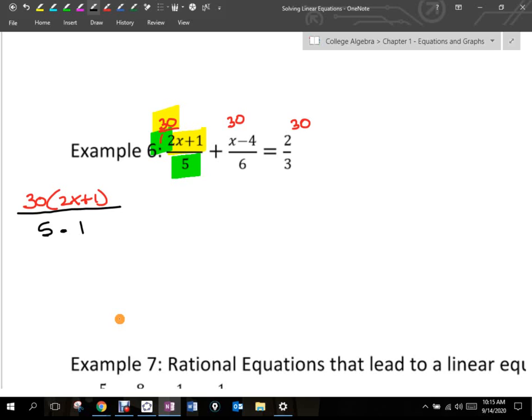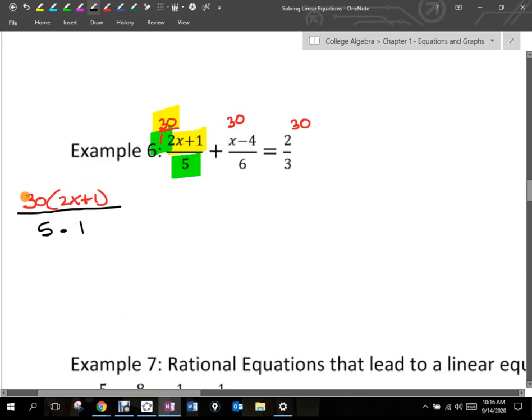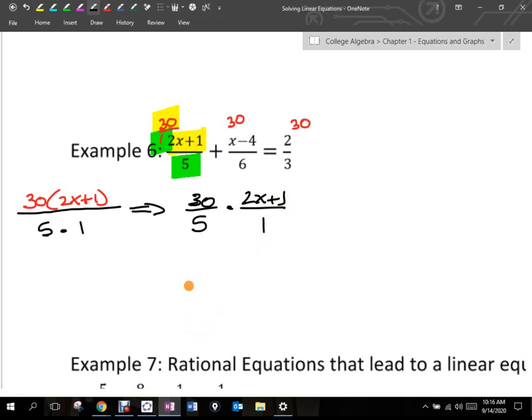But now I can think about how we multiply fractions. If I've got two factors up here as a product and two factors down here as a product, that can be split back up. It's kind of undoing what we just did. But with the associative property and the commutative property at play here, now we can see that 30 over 5 can actually be recognized.